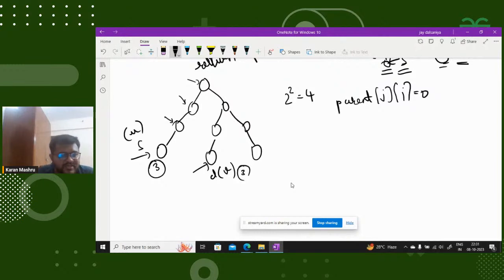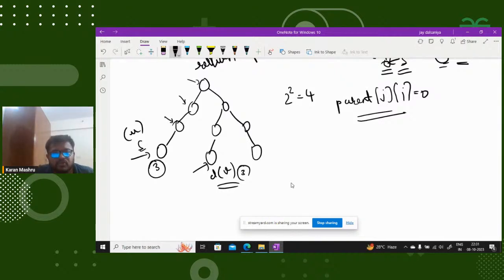This source node is at level 3, so there is no parent at a distance 4, so by default it is marked as 0. And for this also it will be 0, so I will not take that step. I will only take a step if the parent at distance 2 power i is not the same for u and v.